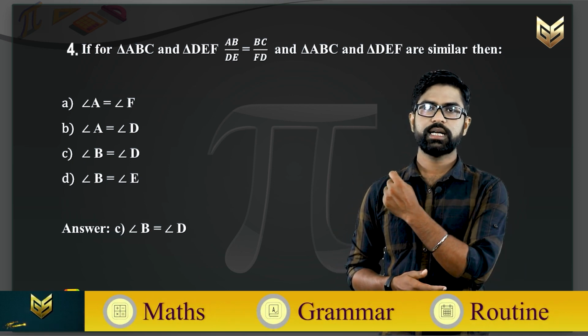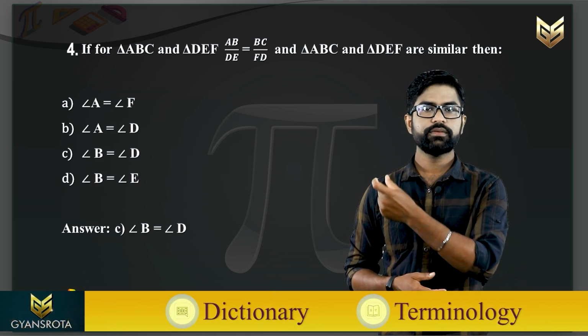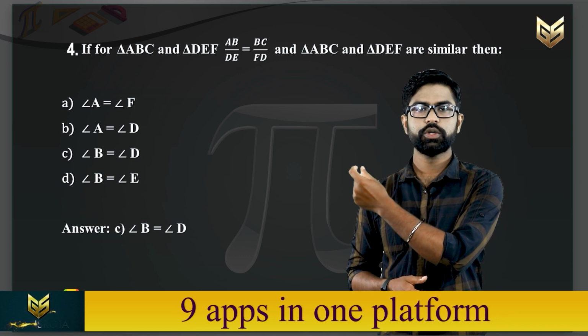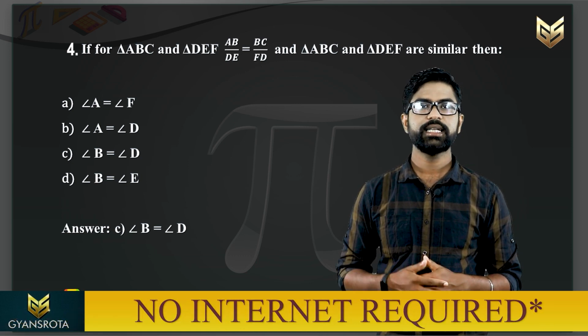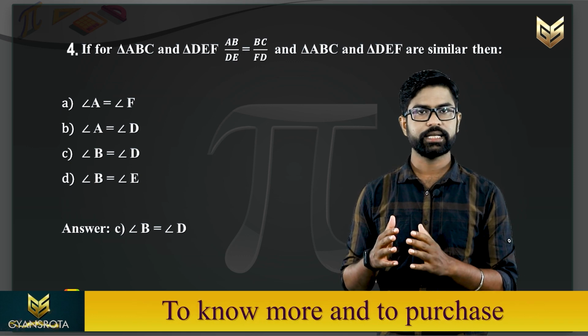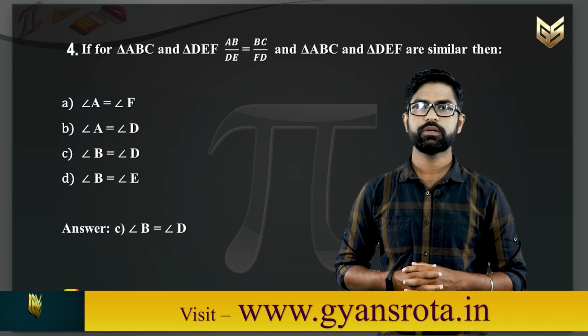Why? Because if angle B is equal to angle D and if AB by DE is equal to BC by FD, then it satisfies the SAS criterion. That is why the answer is option C, angle B is equal to angle D.